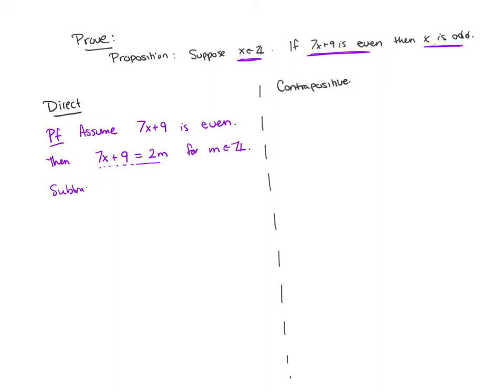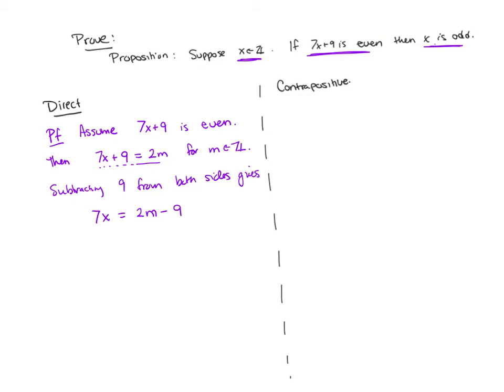Subtracting 9 from both sides gives 7x equals 2m minus 9. But now if I try to divide by 7, I'm going to end up with non-integers, right? So we have to be careful here with how we're going to do that.